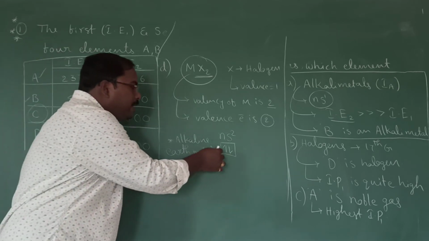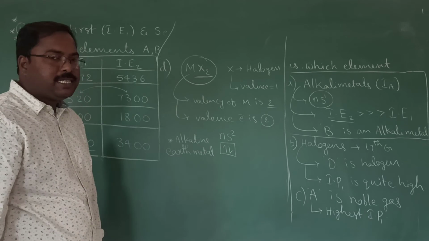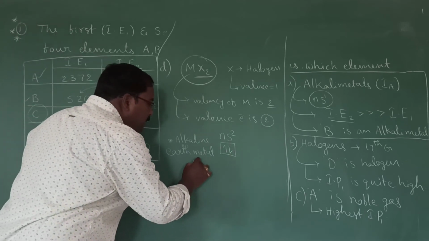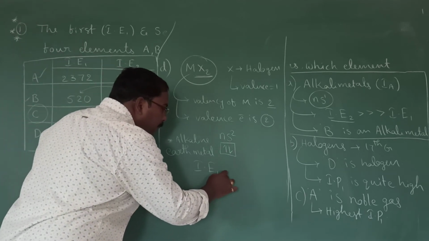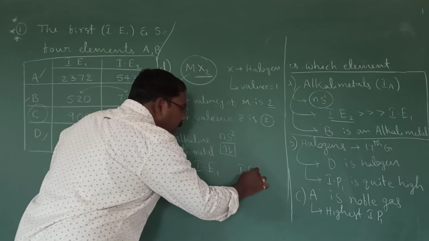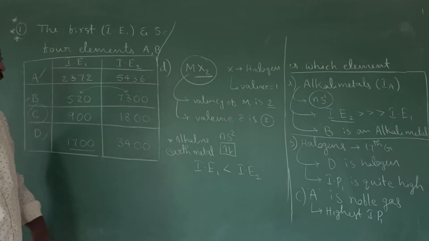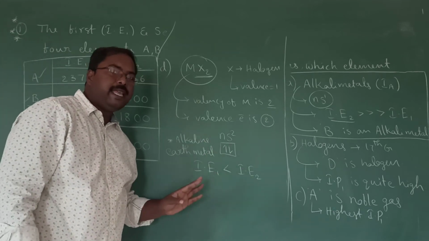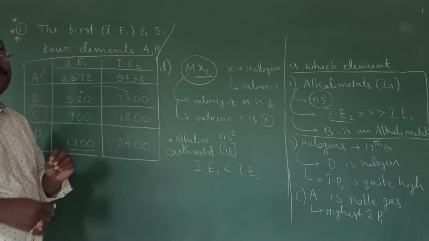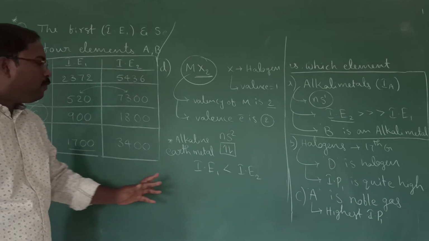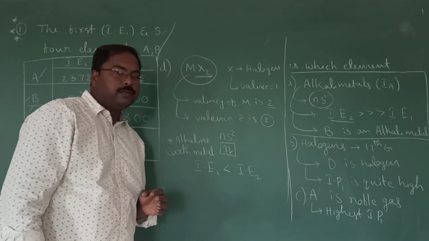But we should know why we have to choose C as the element forming MX2 type. When it has an ns2 type of configuration, there will be a small difference between the first and second ionization energy values. Anyway, the second ionization energy value is higher, but there won't be much difference between the first and second values.